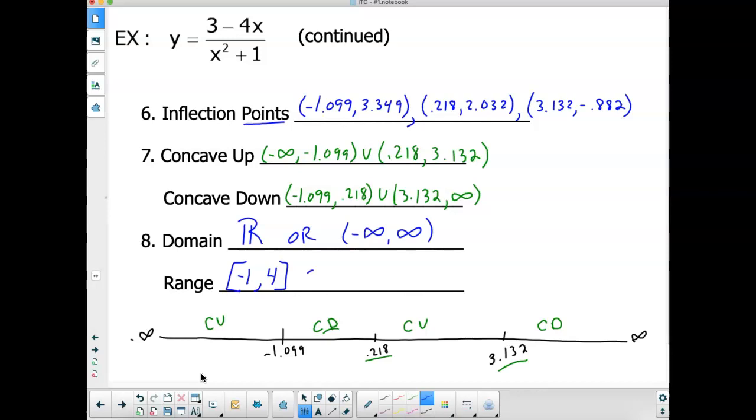Or I could also say my y's are greater than or equal to negative 1, less than or equal to 4. I could do that as well. Either way, I would say get familiar and get happy with interval notation. There's usually a little bit more interval notation than there is the other on the AP.